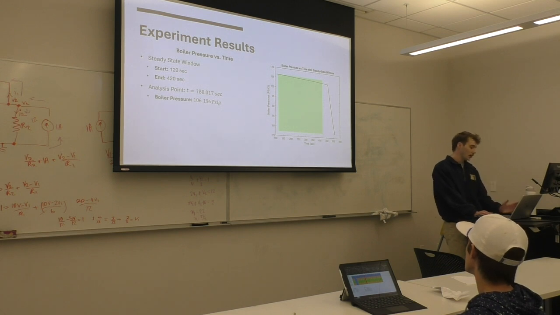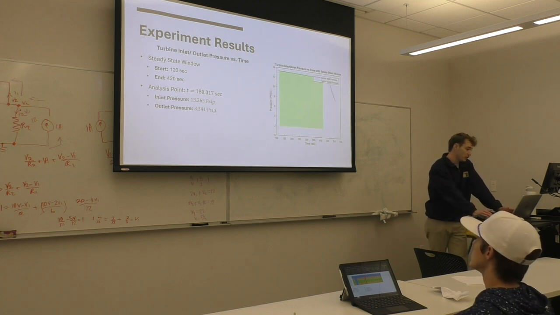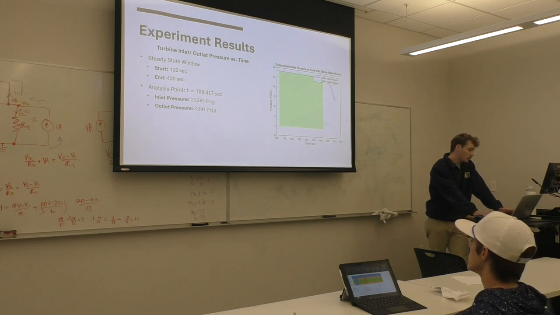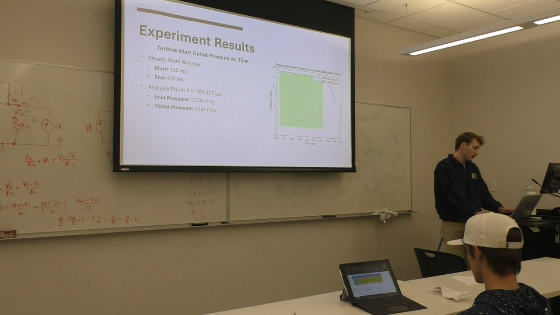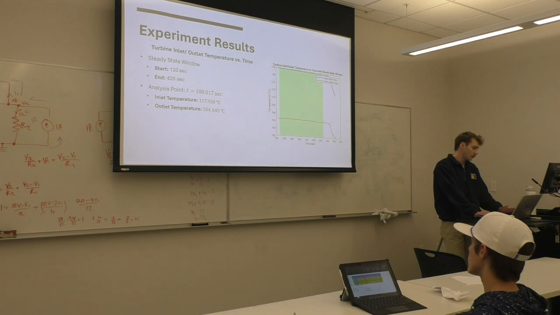Later on, I converted gauge pressure into MPa, so it was easier to use the steam tables. The inlet and outlet turbine pressure at our analysis point, we had 13.265 and 3.31 gauge pressure. The inlet and outlet turbine temperature, 117 degrees and 104 degrees.